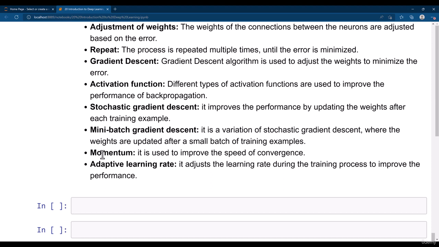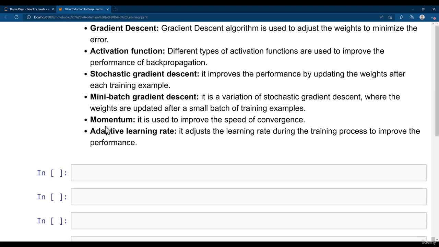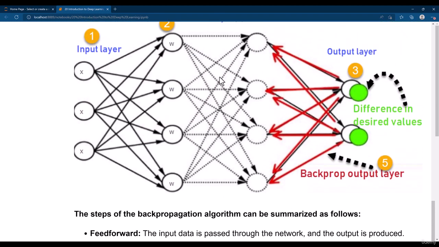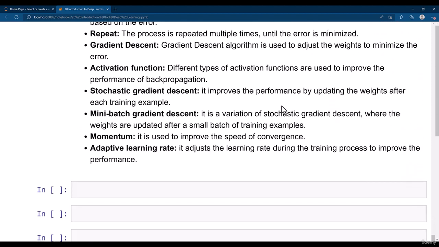There is also momentum. Momentum is used to improve the speed of convergence. Speed of convergence means how fast your neural network is predicting the true output, that is, how fast your neural network is reducing the error. That is momentum.